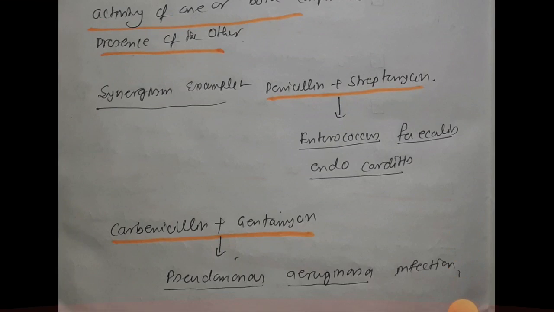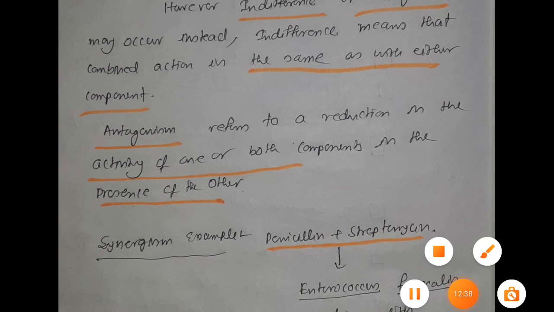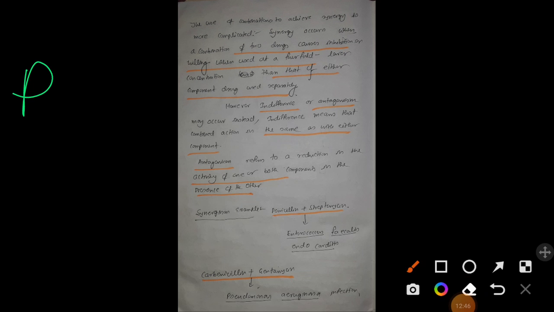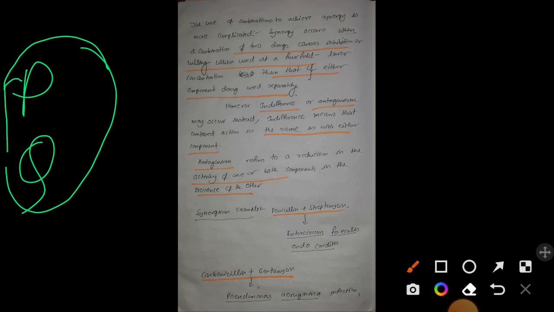Okay, so now let's talk about antagonism. So what is antagonism? Let's again go back to our normalized example. Suppose let's say P is a boy and Q is a girl. Okay, and they are in a relationship, but it is a kind of teenage toxic relationship.